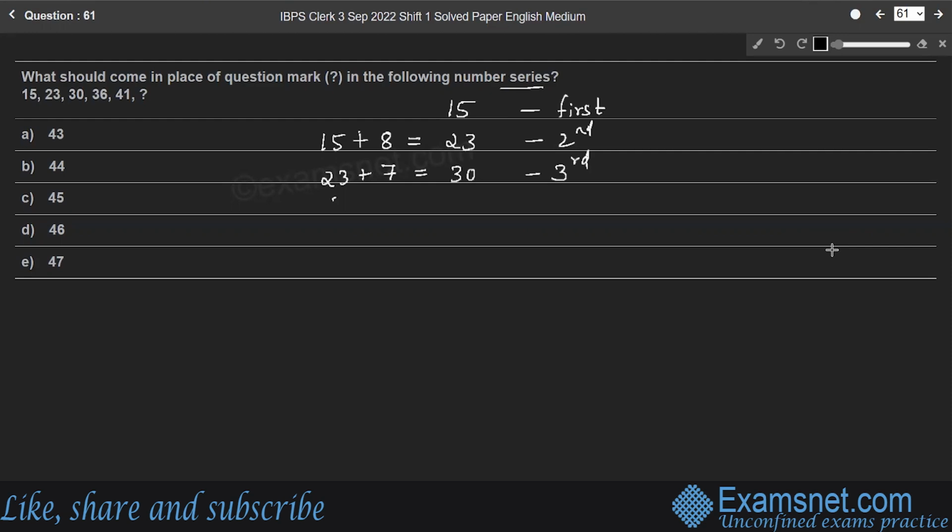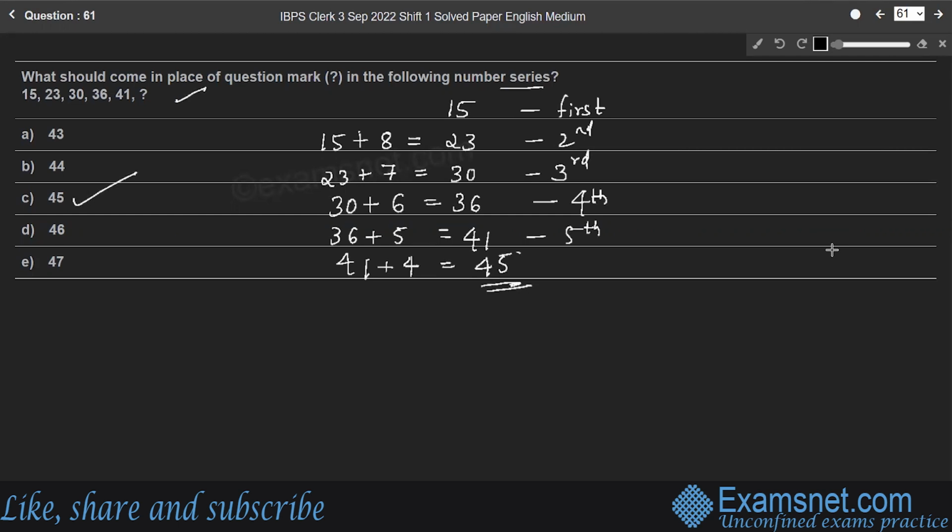To this third number, when 6 is added, we'll get the fourth number. When 5 is added to the fourth number, we'll get the fifth number. Therefore, the number added to the fifth number should be 4. We'll get the next number, which is 45. Therefore, the last number is 45, option C.